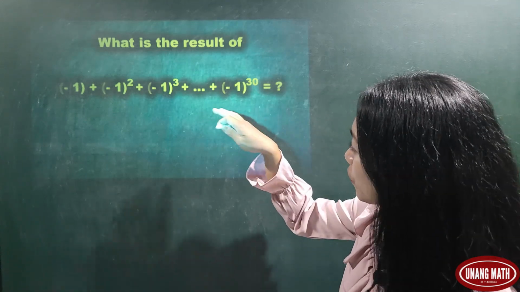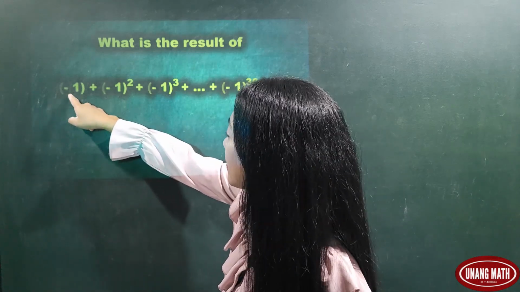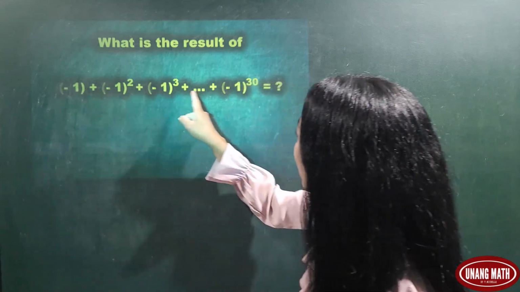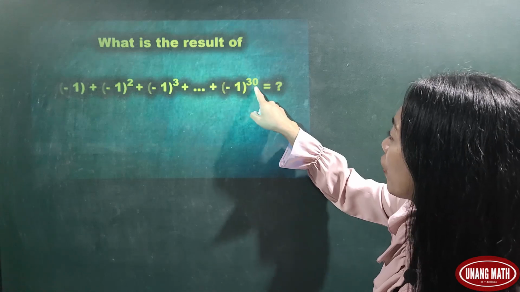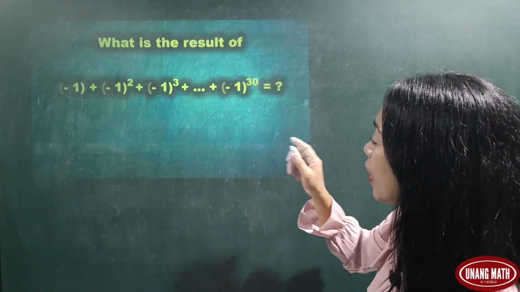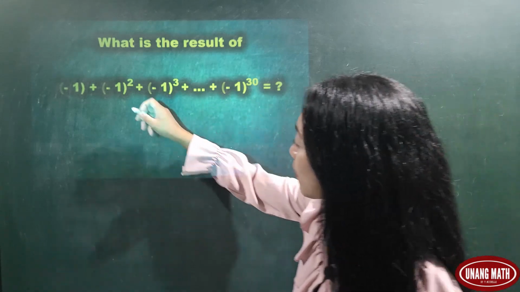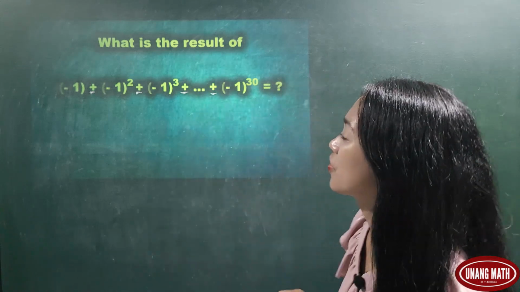If we take a look at this one, all the bases are negative, and it's negative 1. The last exponent is 30. That means there are 30 negative 1s here. And take note, the operation is addition.